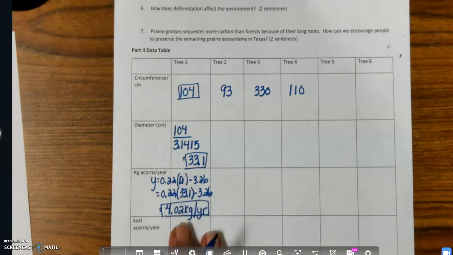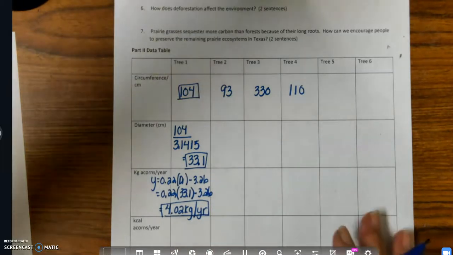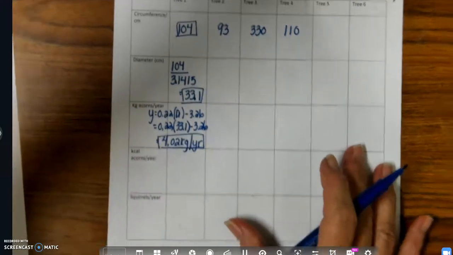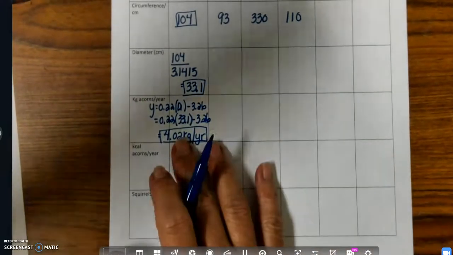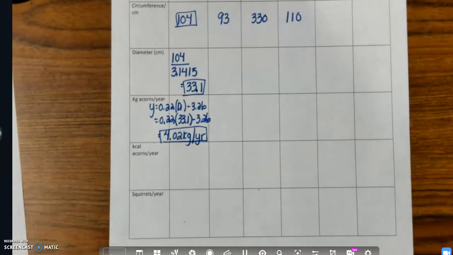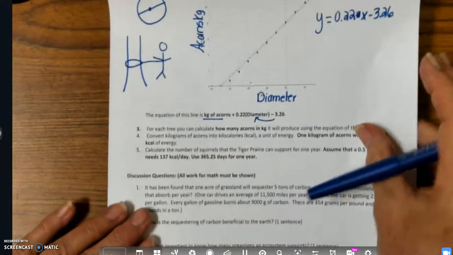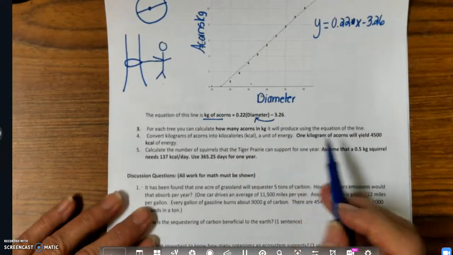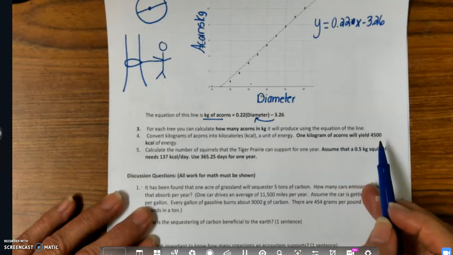What I can do now then is convert that to calories. That's what we use to measure food, right? If we want to know how many calories of acorns we have, let's see how many calories they have and how many calories a squirrel needs to survive. So let's go back to our paper. It says that 1 kilogram of acorns will yield 4,500 kcals of energy.